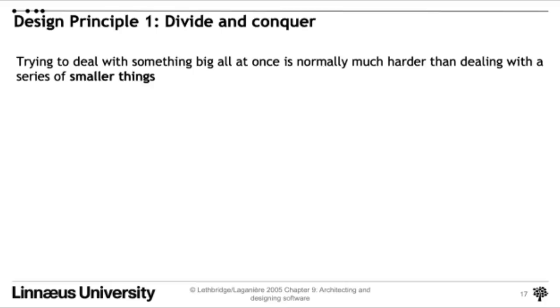So get the big problem, split it into smaller problems, and then face every single small problem in isolation. If we are able to divide and conquer the big problem, we are able to easily find a solution.